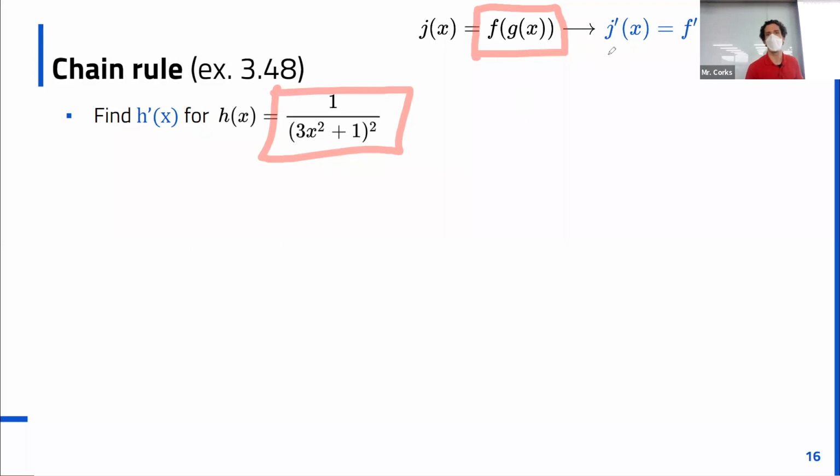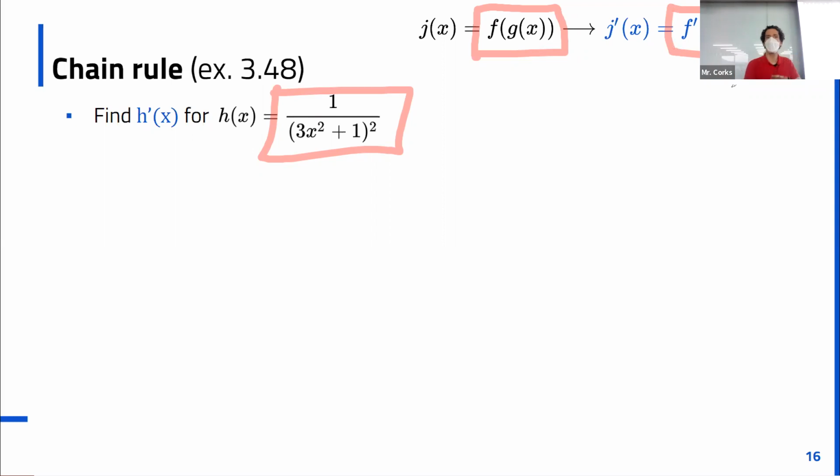The thing we have to do with chain rule is we do the derivative of the outside part with just the inside part not changed, and then we multiply that by the derivative of the inside part.